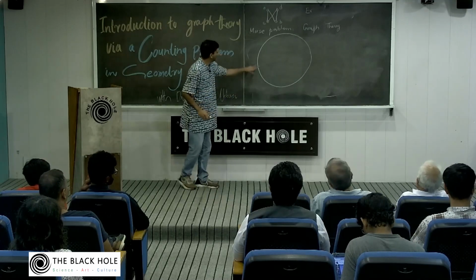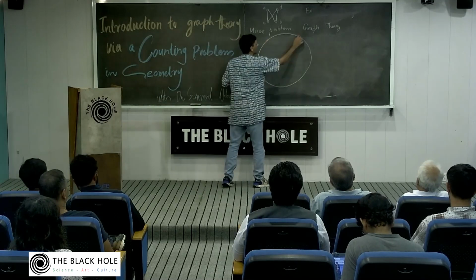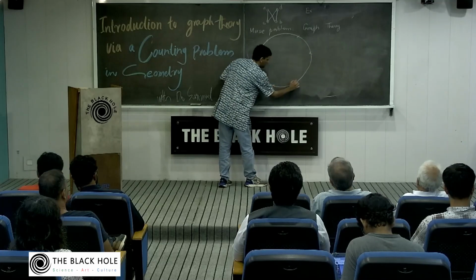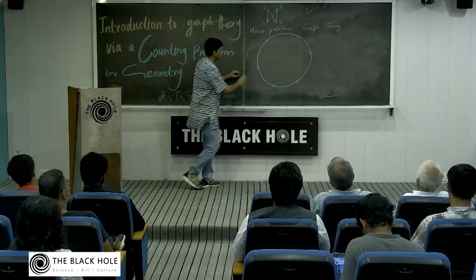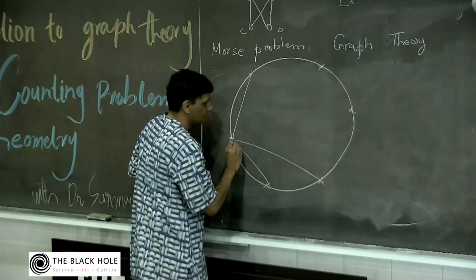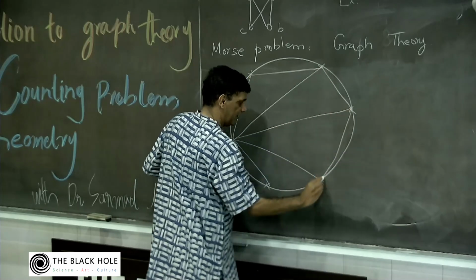Okay. So here is the Morse problem. Remember here we had n points on the plane, and then we were connecting them. Let me just not be lazy and do all of this.